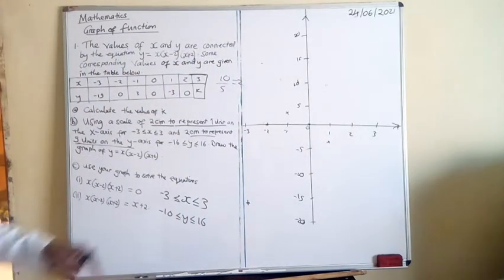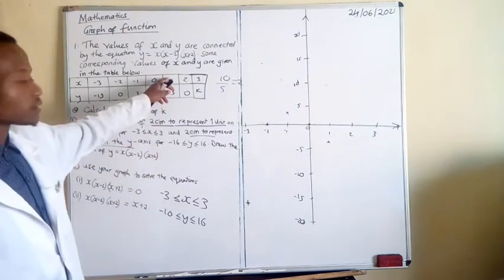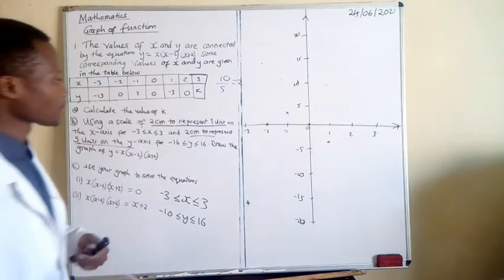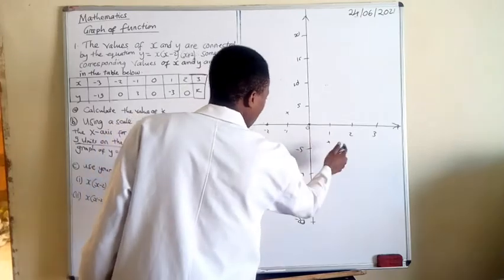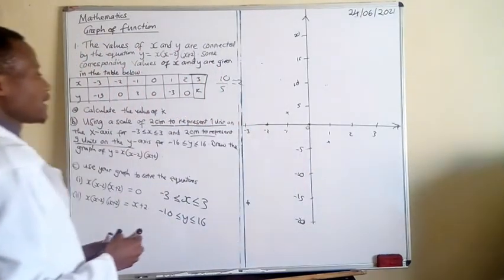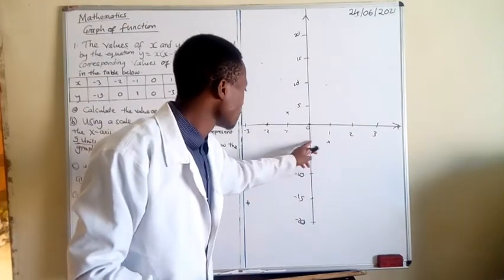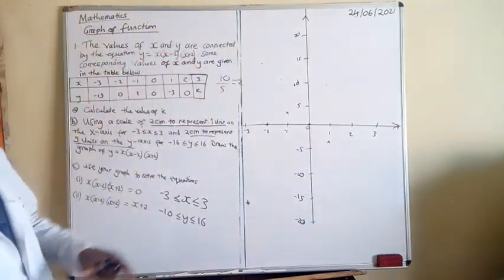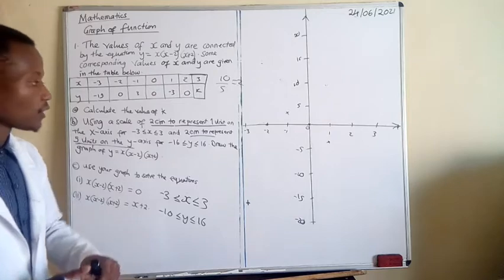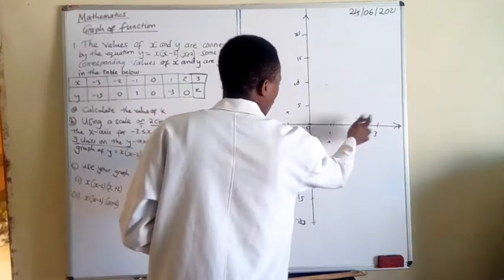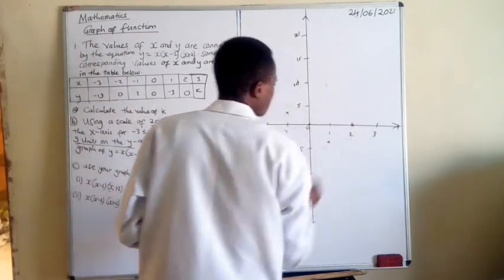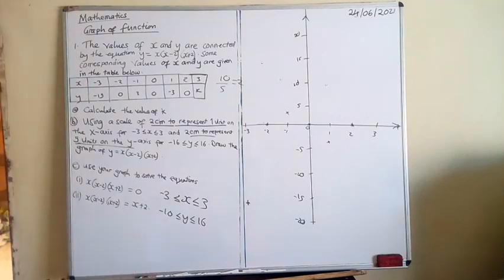Then we have 1, -3. We assume it is there, where the value of x is 1 and the value of y is -3. Then we have 2, 0. It is there. That is our 2, 0.